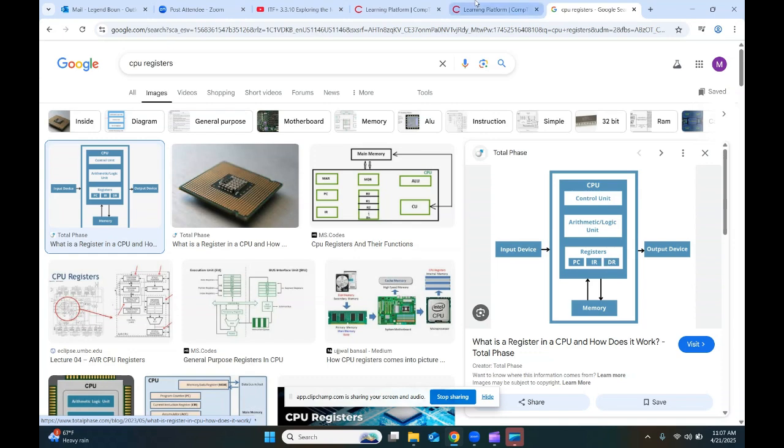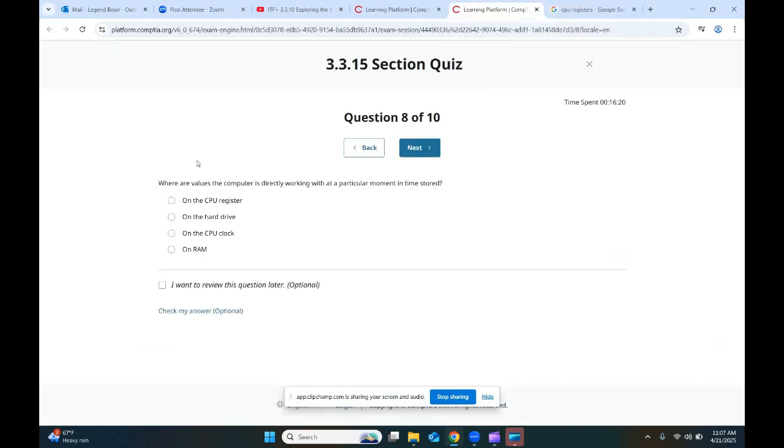The registers are where the CPU is working, because I know I say we move information from the hard drive to the RAM for the CPU to directly work with. In reality, most of the time the CPU is pulling data from the RAM and storing it on its registers.